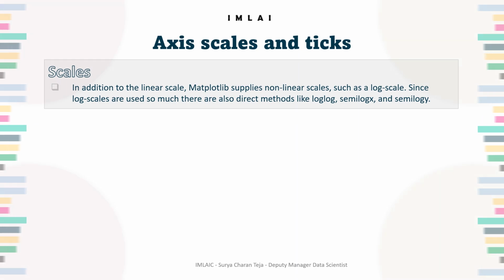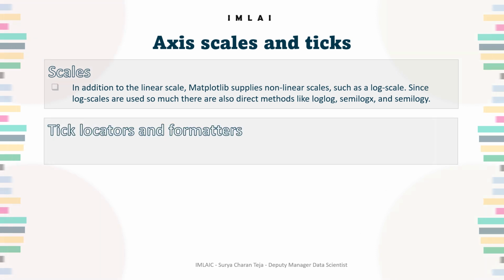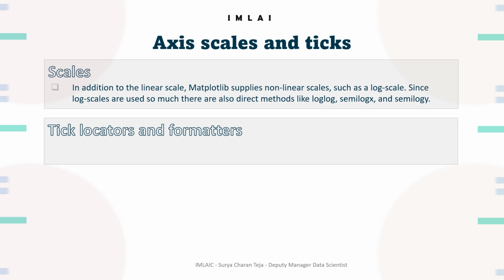So now let's look into a few more aspects of these axes and ticks: how to locate the ticks and how to format the ticks. That's tick locators and formatters. Each axis has a tick locator and formatter, which choose where along the axis objects to put tick marks.